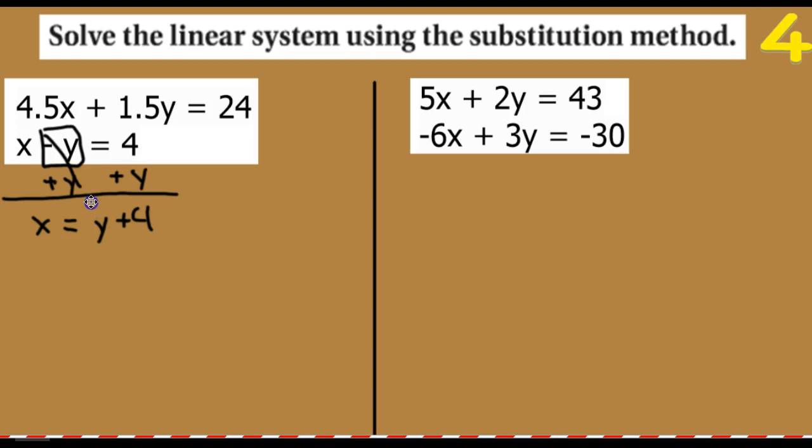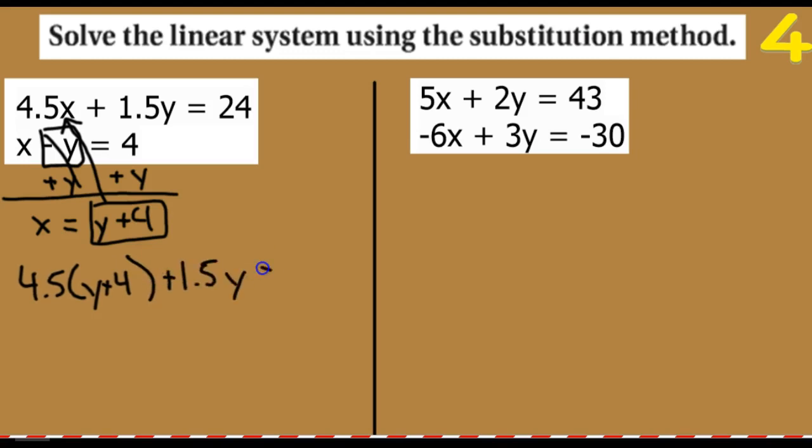Now we know what x equals, so we can take y plus 4 and plug it in or substitute it for x. So 4.5 times y plus 4 plus 1.5y equals 24.